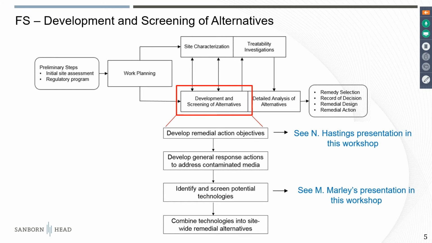We'll talk about some general response actions, and then the identification and screening of technologies. That's Mike's presentation on the universe of technologies that we have to select from. And then a key part of the feasibility study is combining technologies potentially to come up with an overall site-wide approach for remediation.